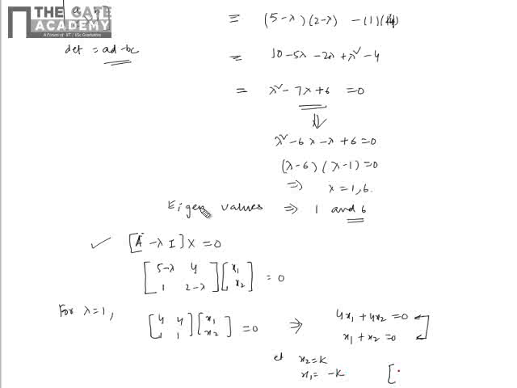So the eigenvector is [−k, k]. Here k is just a constant, because you know that for a homogeneous set of simultaneous equations in the non-trivial case, the solutions are infinite. So for λ = 1, the eigenvector is basically [−k, k].